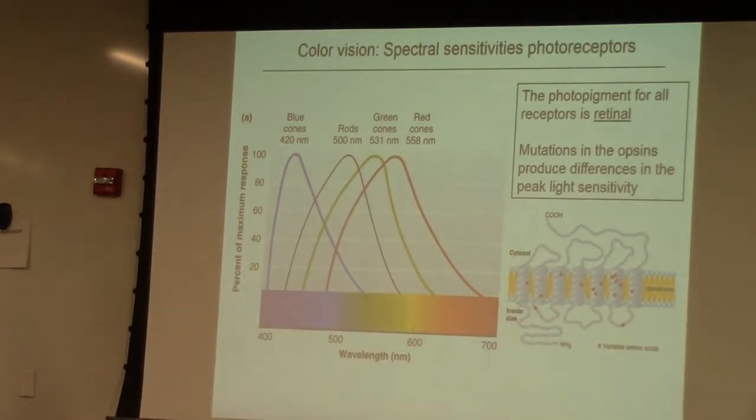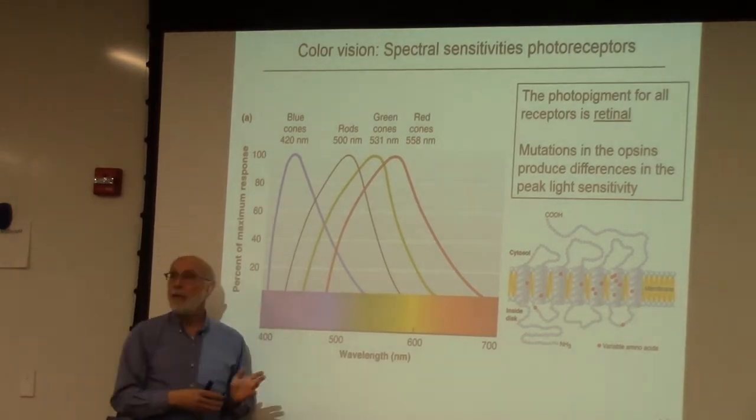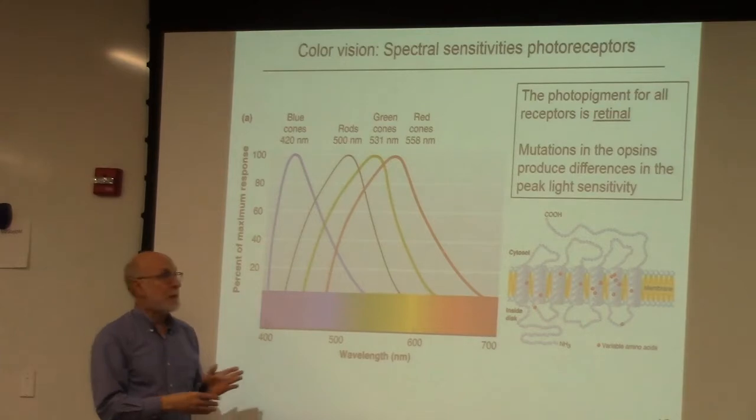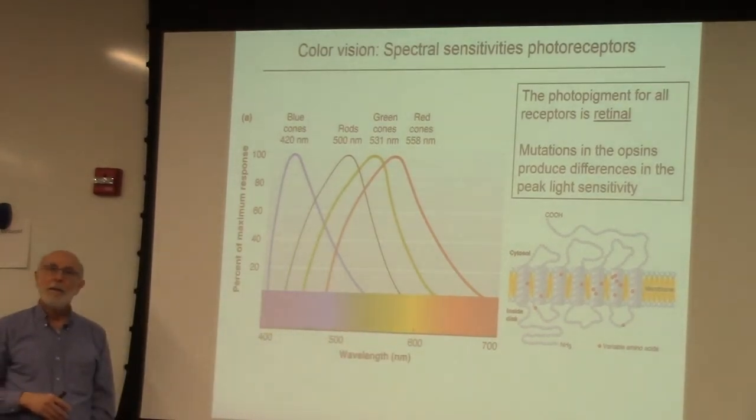Main point, small differences in the opsins, just a few amino acid differences, give us our range of color vision.